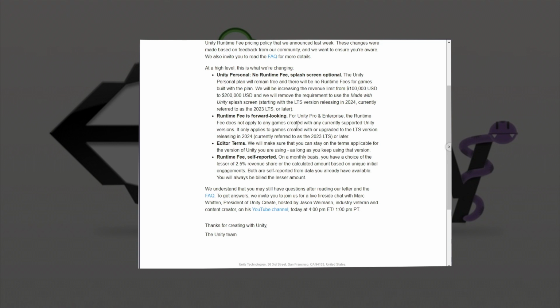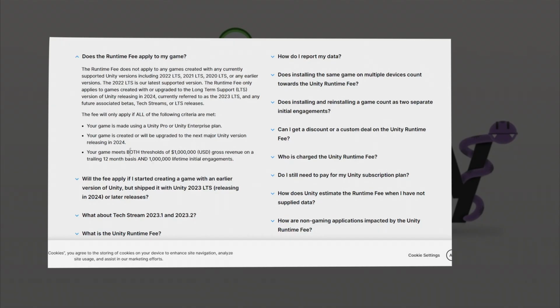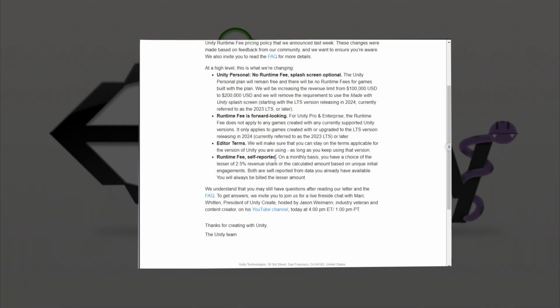That is also the case, I think, for the Unity Pro and Enterprise versions, because even if you are using these two, you will have to upgrade to the latest LTS versions for the runtime fee to be applicable. Now, this is exciting. I'm sorry, but this is really good, I think.